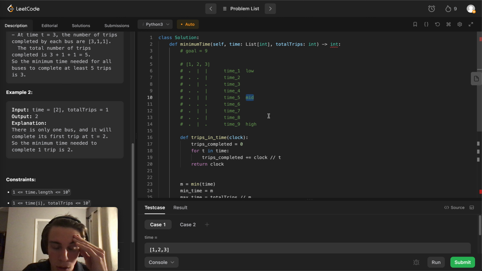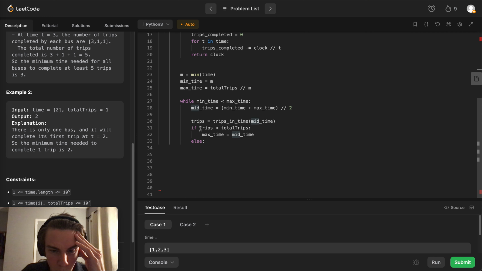Wait, hold on. Oh, greater than or equal to, sorry, what am I comparing again? I'm comparing the number of trips taken in a mid time.